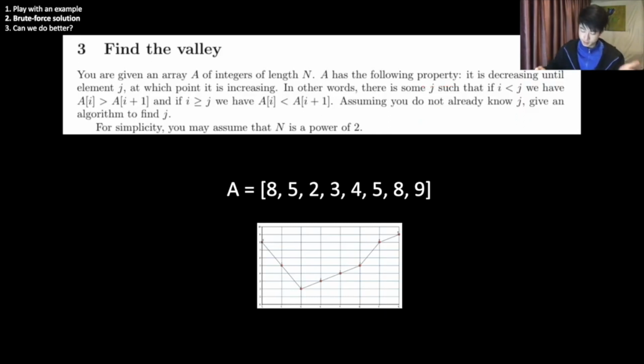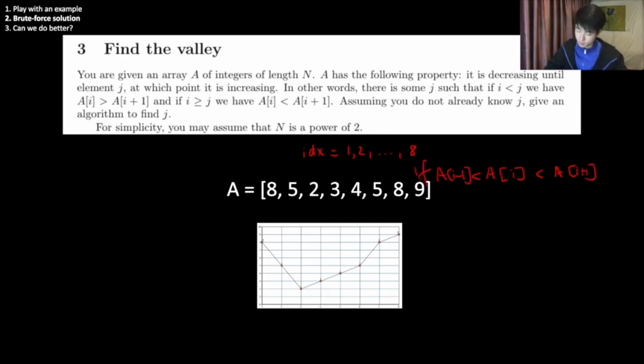Now let's think of a brute force solution. One obvious thing that comes to mind is, why don't we just go through all of the indices, 1 all the way to 8, and for each index check if a[i] is smaller than a[i+1] and a[i-1].